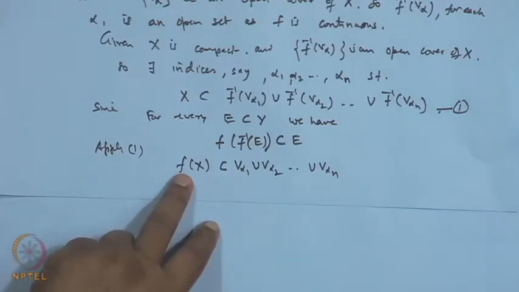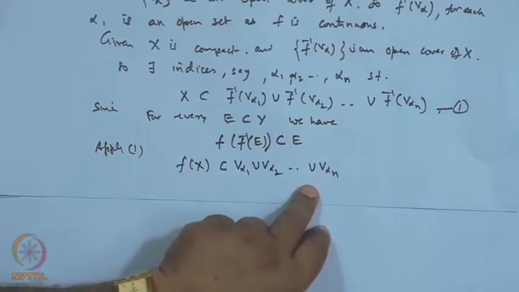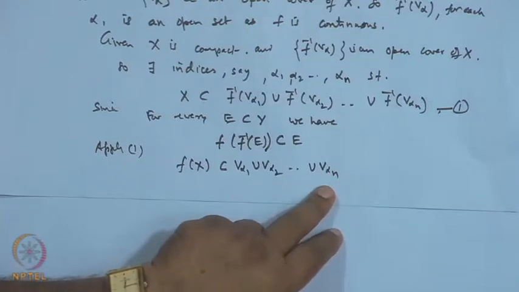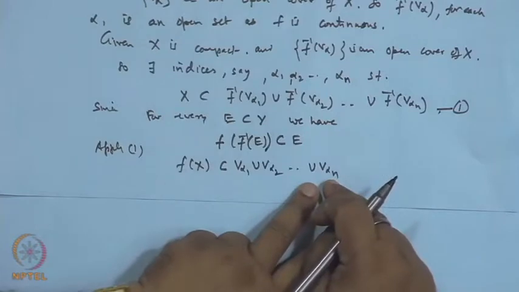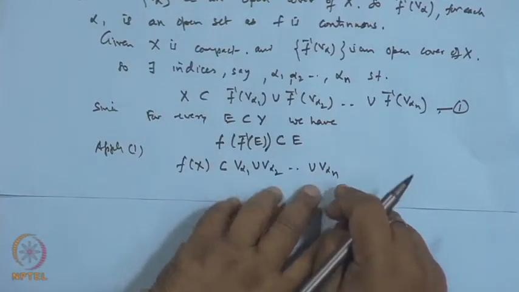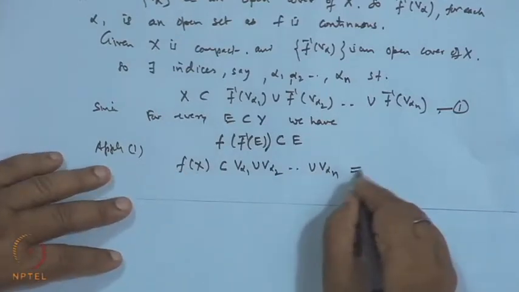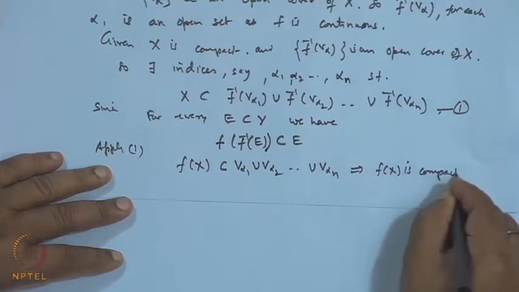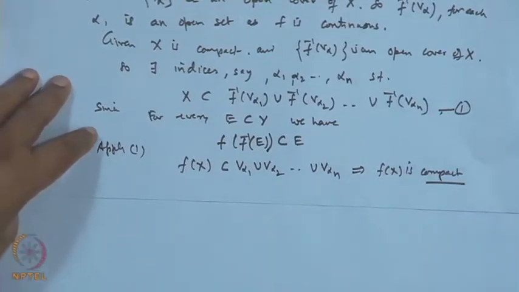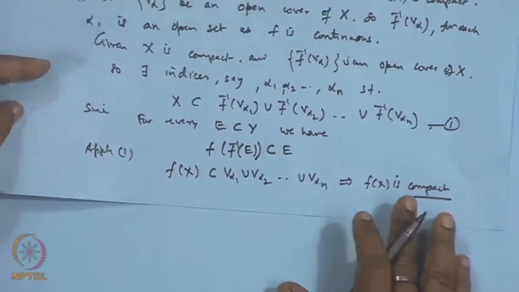So, f of X is covered by a finite union of the open sets. So, from this open cover we can identify a finite subcover which covers f of X. Therefore, f of X is compact. Okay. So, that is a very interesting result.